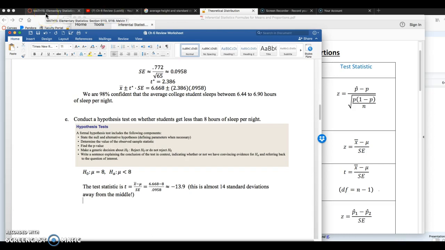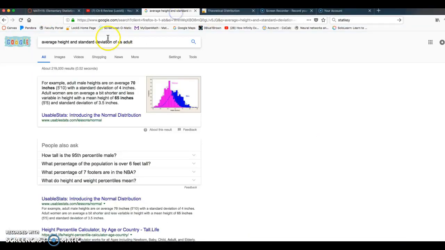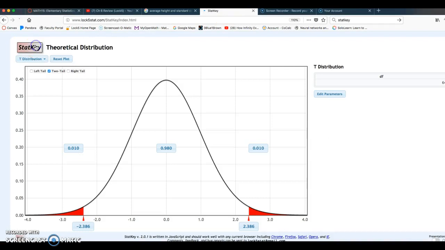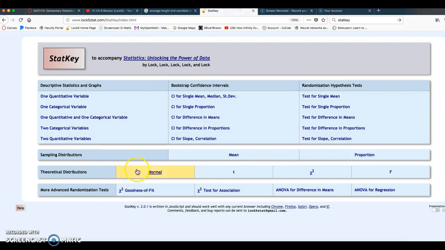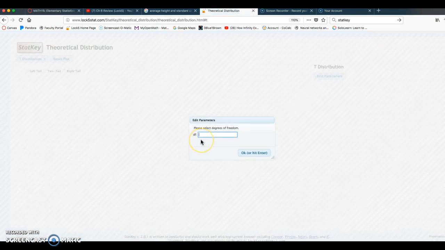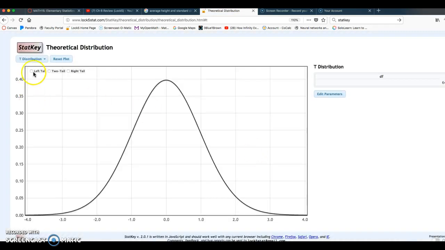To do that, I need to go to the stat key, click the center. We are looking at a t distribution. Degrees of freedom are 64, 65 minus 1. Click OK. And we're doing a left tail because it's a less than as our alternative hypothesis.